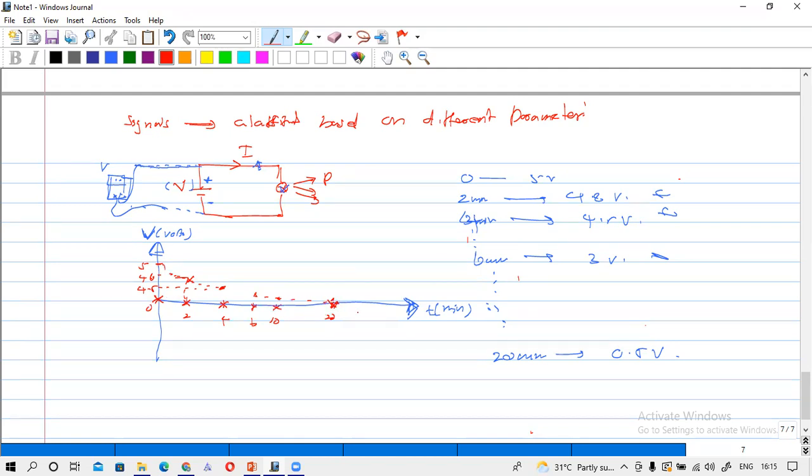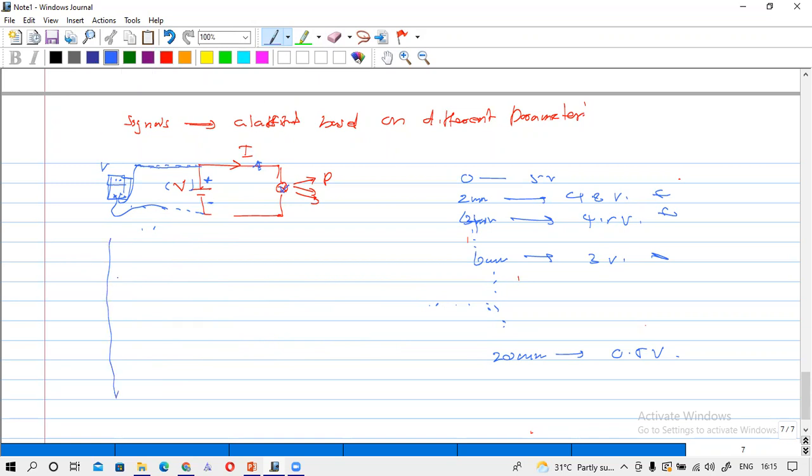I get separate time values here. First 0, then I will get 2 minutes, 4 minutes, 6 minutes, 10 minutes, 20 minutes. So I will draw it clearly. So this is voltage.